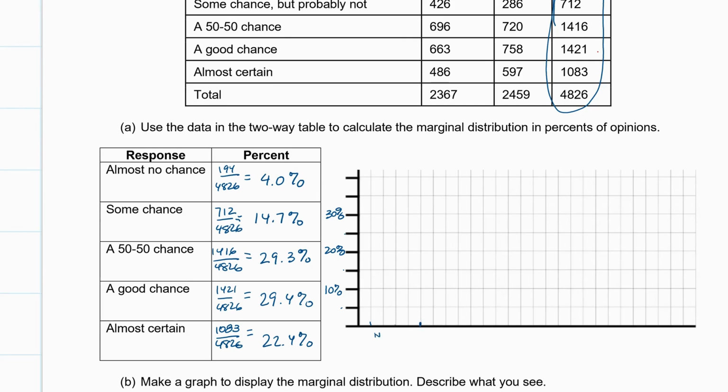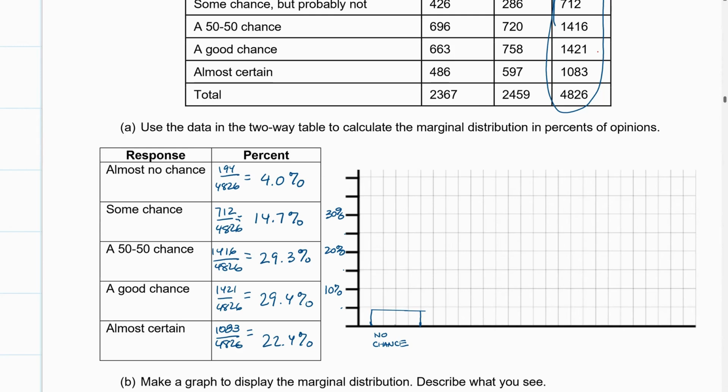So we'll call this the no chance in terms of their opinion. And that represents about 4%. So it's about there. So I'll draw in our little box there.